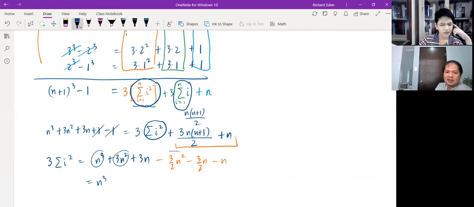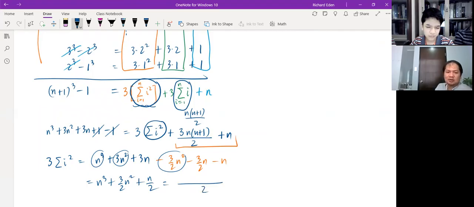Tapos ito, 3n squared minus 3 halves n squared, and then plus n over 2, right? 3n minus 2n, all right. Tapos the same denominator 2, we have 2n cubed plus 3n squared plus n.